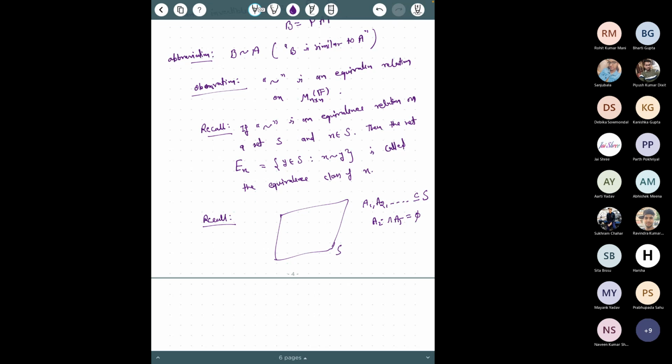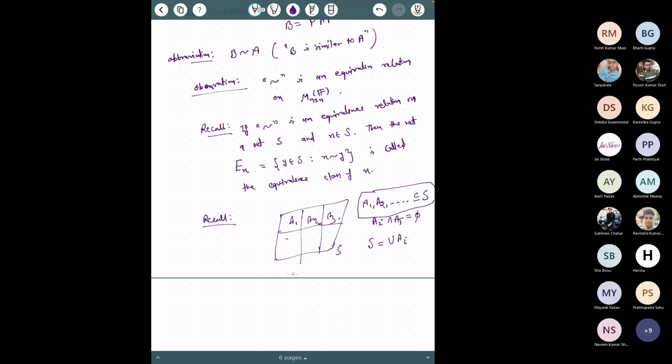That means they are pairwise disjoint for all i not equal to j, and their union is the complete set S. So the union of all these subsets is equal to S. Then these Ai form a partition. If this is S, then A1, A2, A3, and so on provide a partition of S.